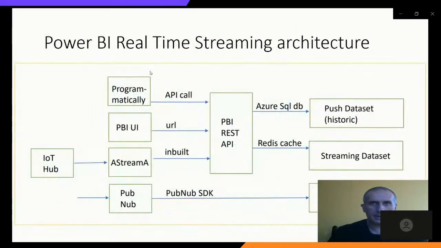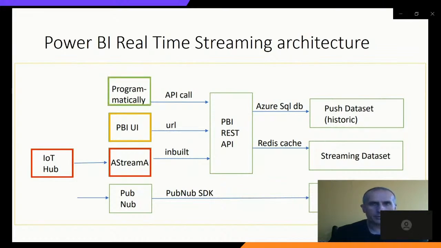You can see here a high-level representation of different types of real-time streaming architecture. We can have a data source which is ingressed via IoT Hub or another service, and after that we can have several options. It is possible to have stream processing. It is possible to have also something which is collected via the Power BI UI.